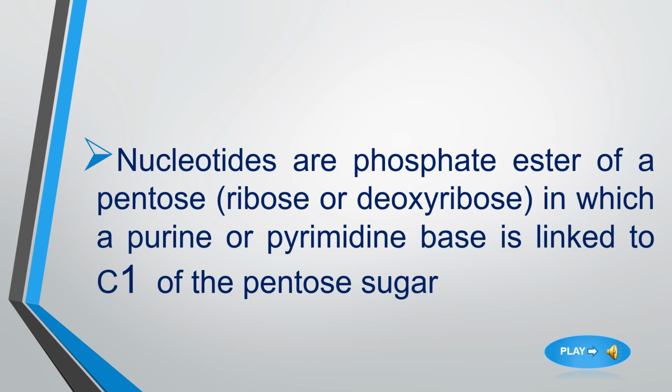Nucleotides are phosphate esters of a pentose in which a purine or pyrimidine base is linked to carbon number 1, the first carbon of the pentose sugar.